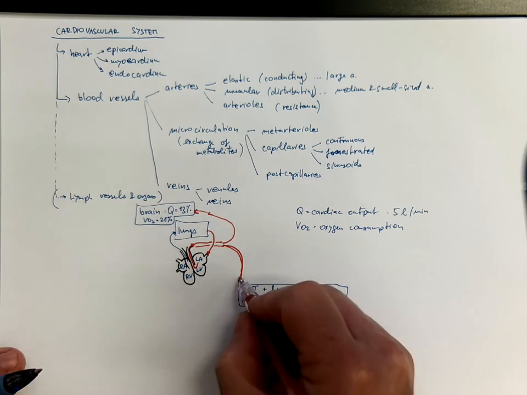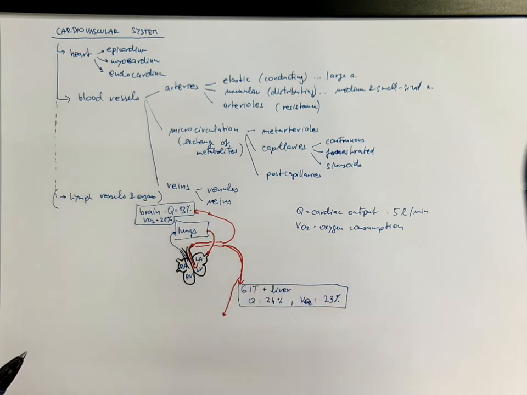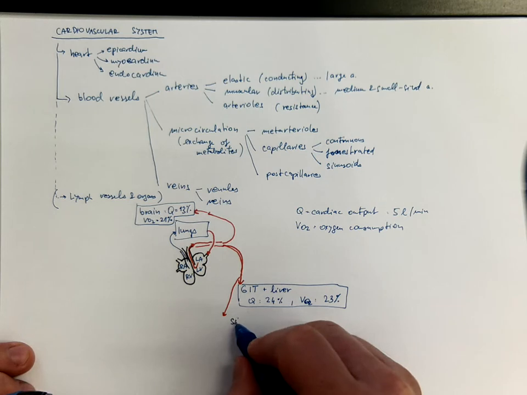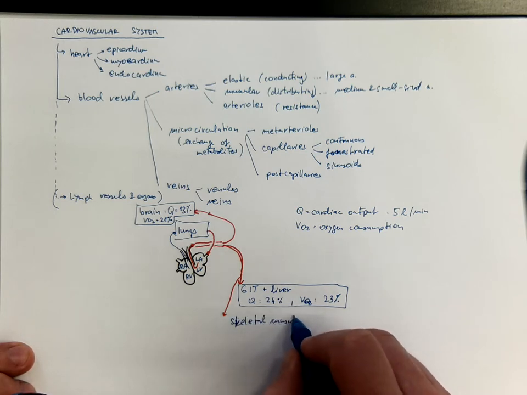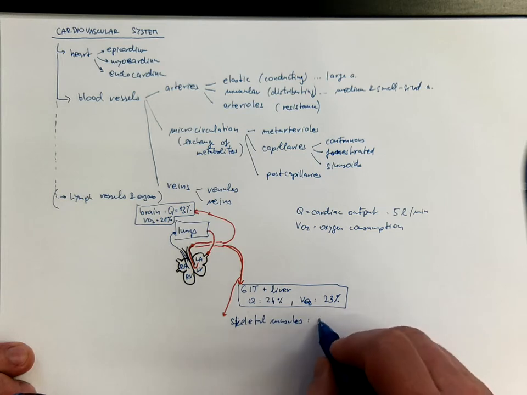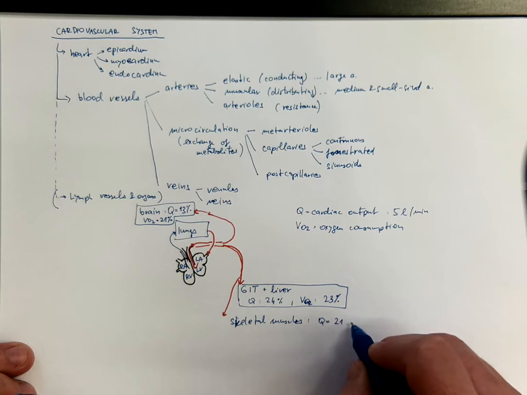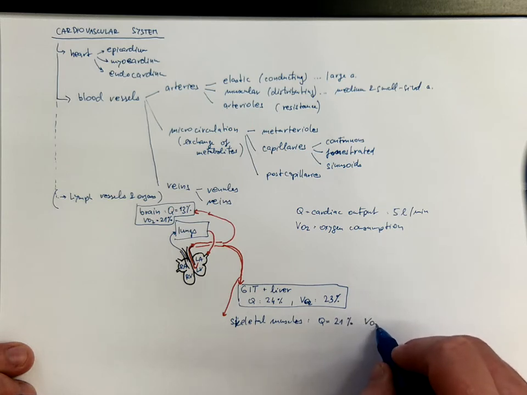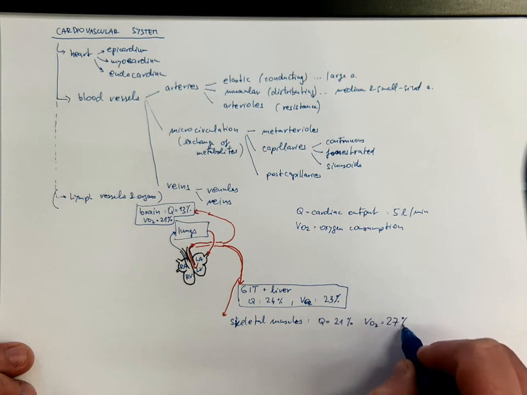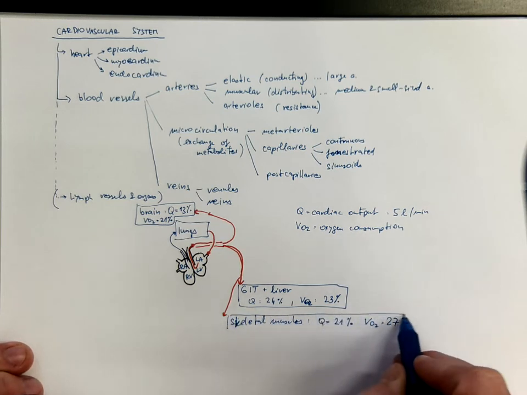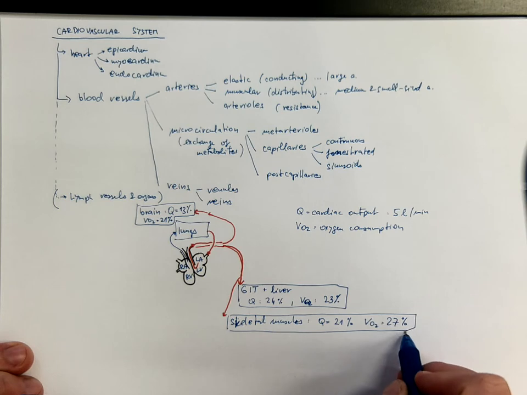Another compartment are the skeletal muscles. That contain approximately 1/5 of the cardiac output, and more than 1/4 of the oxygen consumption.